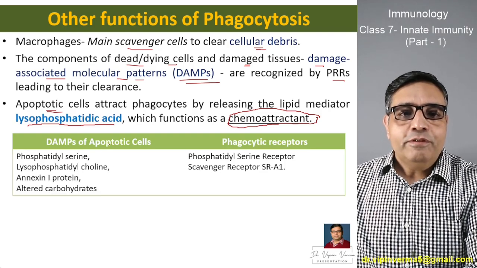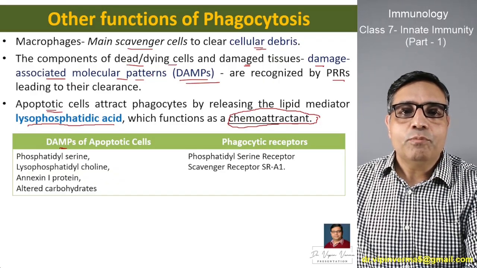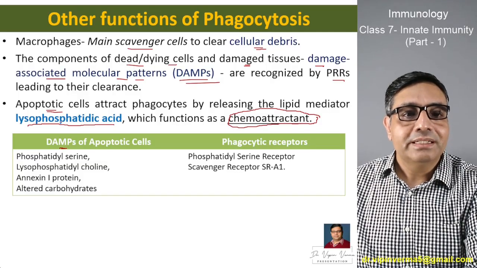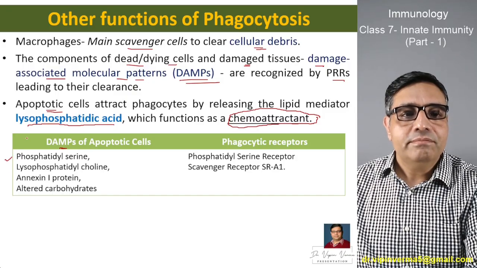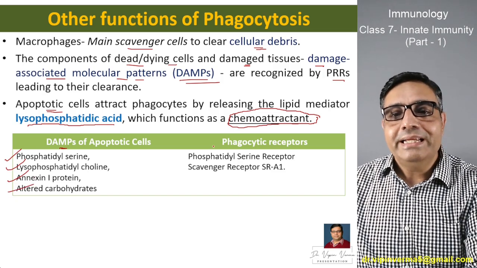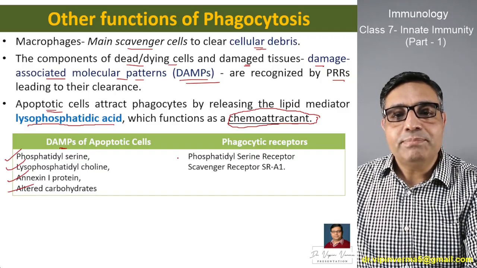So if we see the DAMPs of the apoptotic cells, so what are DAMPs? Just, DAMPs are the damage associated molecular patterns, which are the components of the dead or dying cells. So if we see the different DAMPs which our macrophages recognize through PRRs, they are phosphatidylserine, then lysophosphatidylcholine, then we have annexin 1 protein, then we have altered carbohydrates, and in case of phagocytic receptors we have the phosphatidylserine receptor and we have scavenger receptor SRA1.